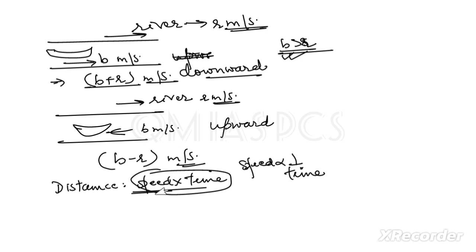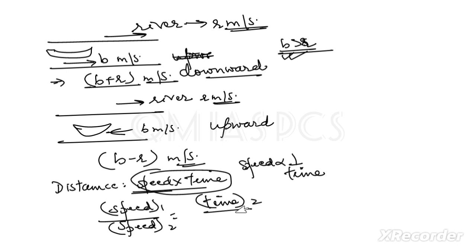So whenever we say speed 1 by speed 2, that is equal to time 2 divided by time 1. This is the concept of inverse proportion. So here, for upward speed and downward speed, we will write downward time and upward time. Just keep this in mind.